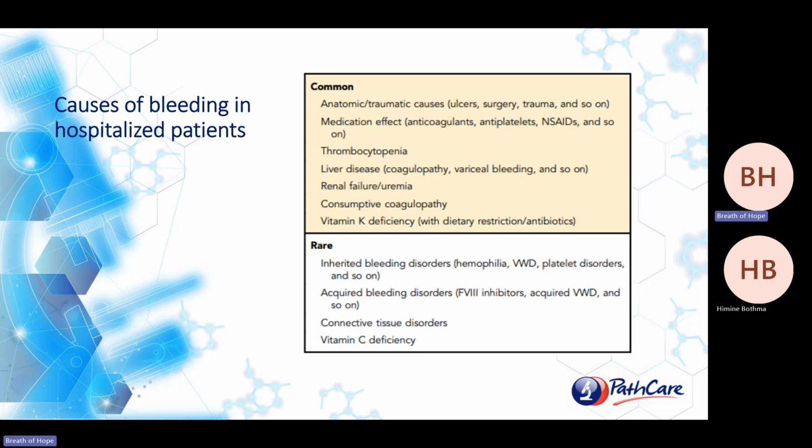Acquired bleeding disorders, which would be factor 8 inhibitors, acquired von Willebrand's, they present with those massive soft tissue bleeds. Connective tissue disorders, again, the vasculature is a very often forgotten cause of bleeding disorders that we need to keep in mind. And then the vitamin C or the scurvy.